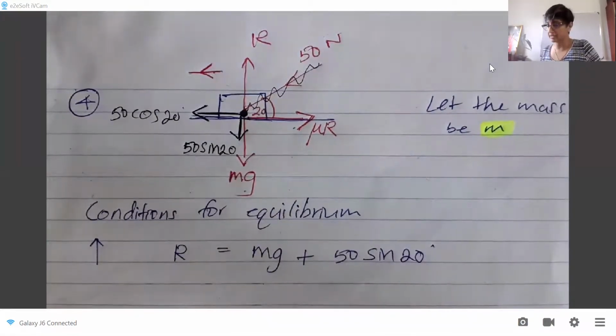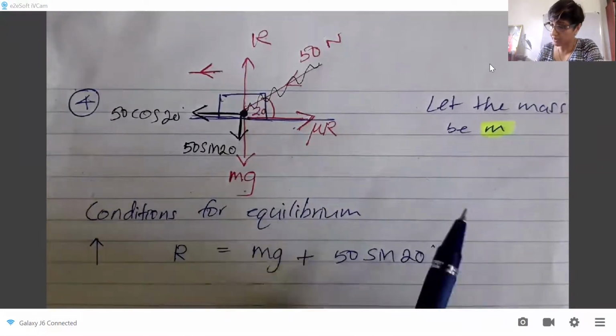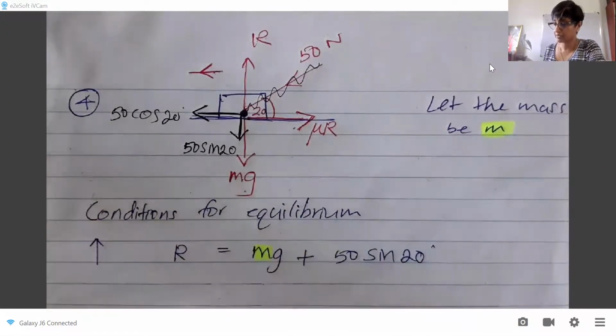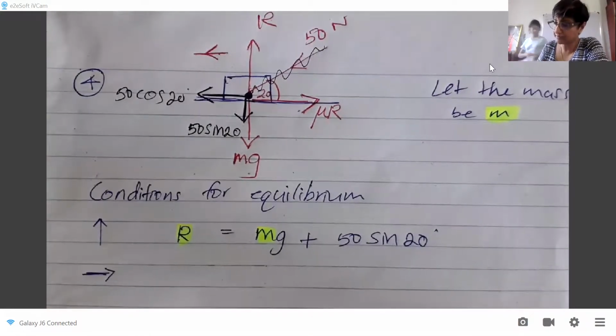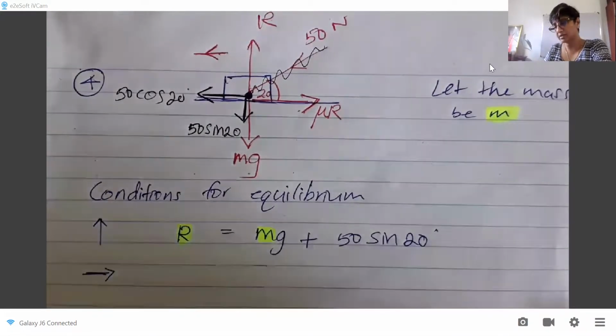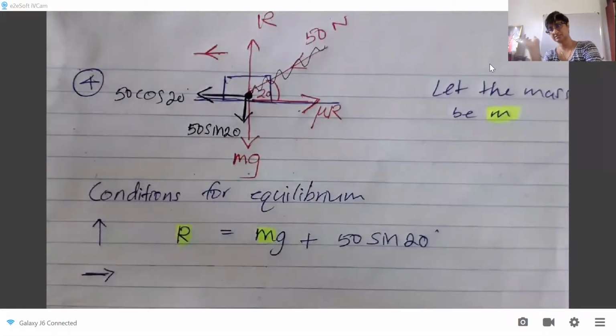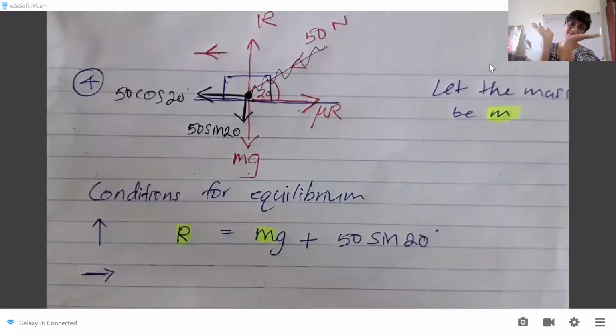Now what are my unknowns here? M is unknown, R is unknown. Let's just keep them and apply our equations. And then in the horizontal direction, the total rightward forces must equal the total leftward forces, because it's all balanced. Up balances down, right balances left.